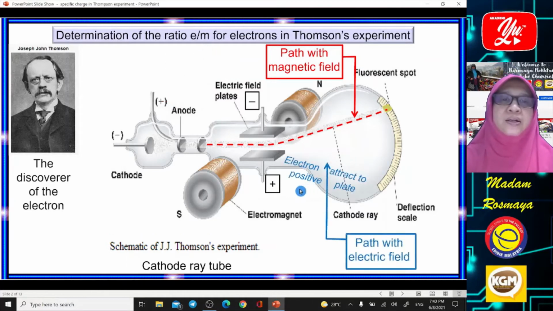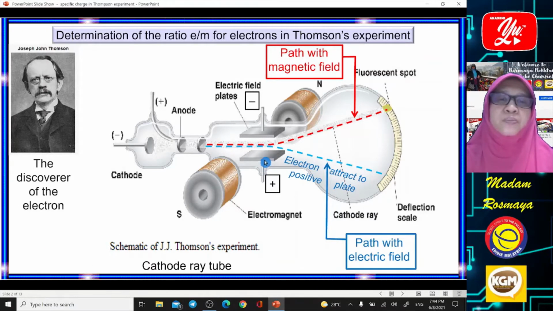Then if we switch off the magnetic field, the electron will flow only in the presence of the electric field. So what happens to the electron? The electron will flow in this path, the second path. Why? Because the electron is attracted to the positive plate.